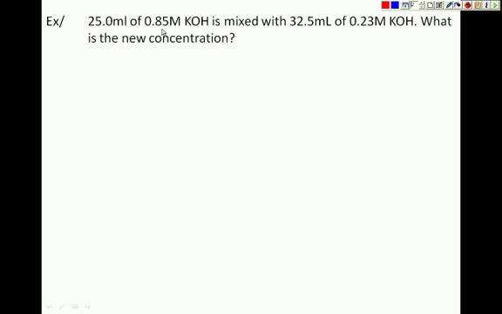So we should get a number that is in between 0.85 and 0.23. You should make sure to realize that before you start the problem, that your number should be in between those two numbers right there.